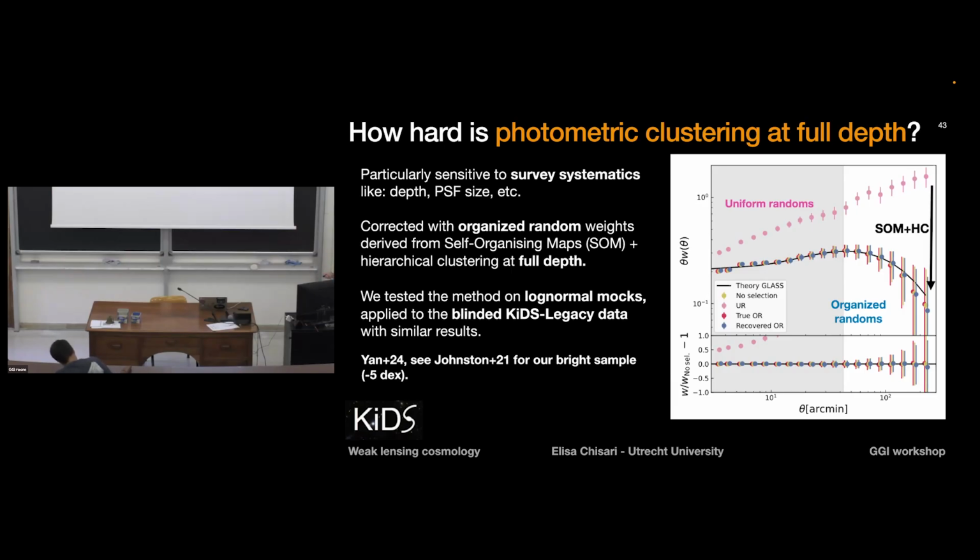And we have now demonstrated that this works at the full depth of the KiDS data. So this is very exciting, and we're in the process of measuring this 6x2 point with the KiDS data as well. So the fact that these red points lie over here, but then the blue ones are on top of the theory prediction here in black means that we're able to correct for all of the systematics that our survey has.